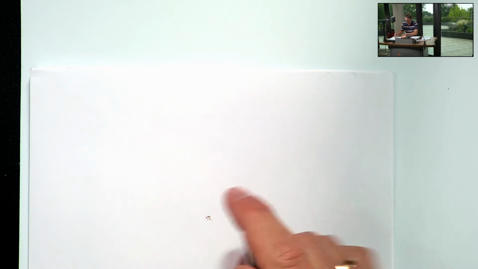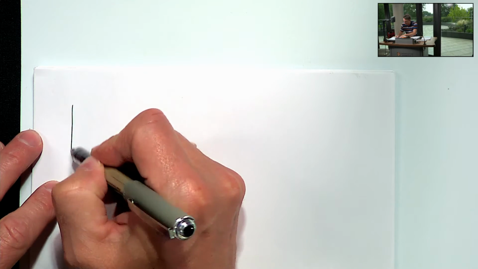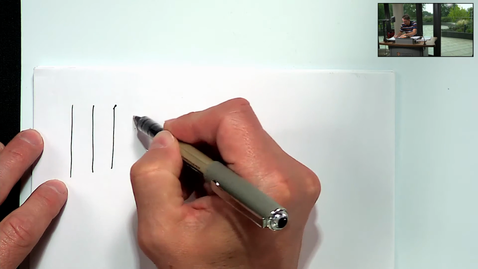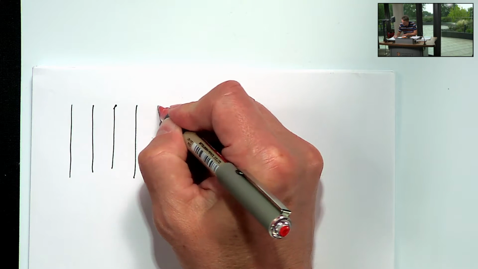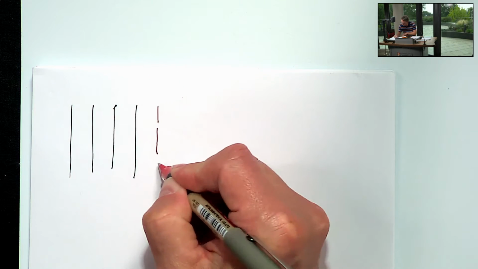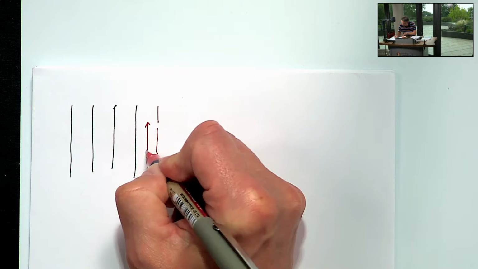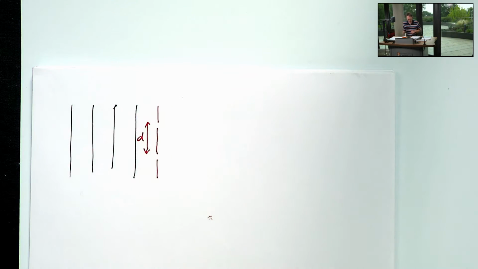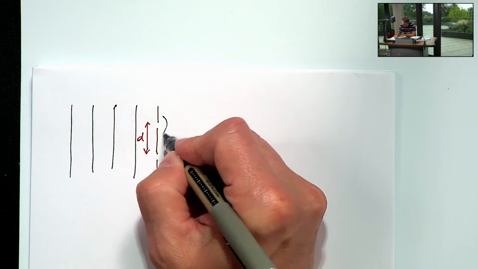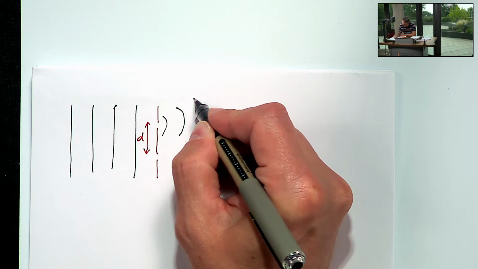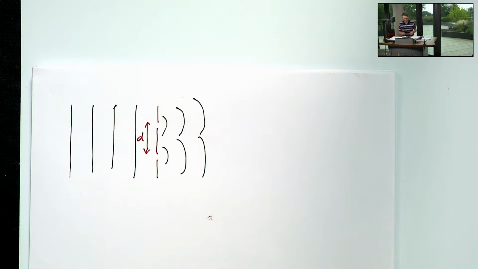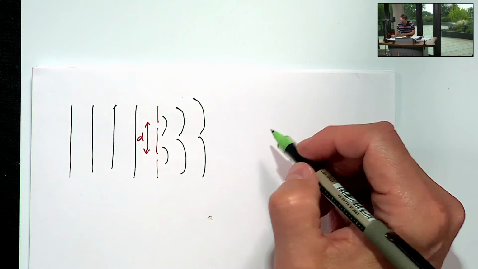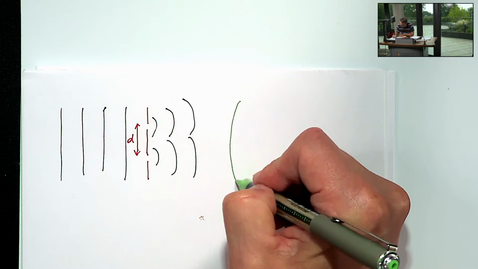Let's suppose I have a plane wave coming from left to right, as usual, with wavelength lambda. It impinges on a grating, and I'm just drawing one period here. So this is d. Then each one of these openings here will emit spherical waves that will interfere.